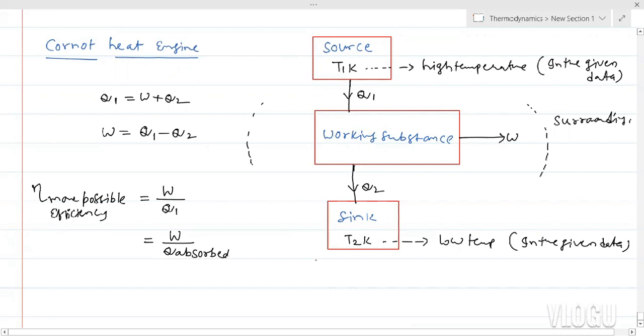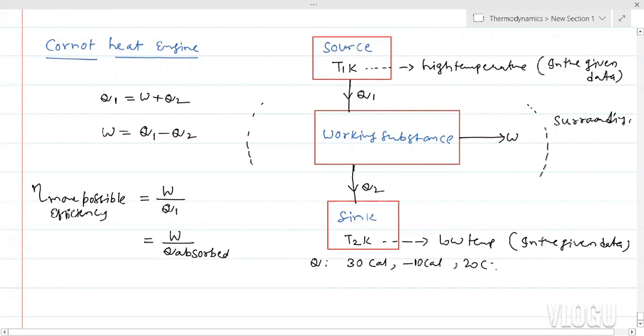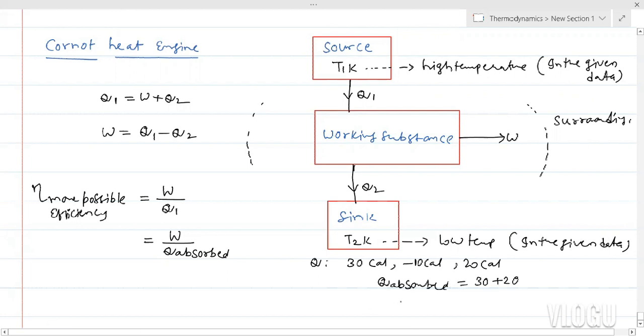For example, in a given process we have 30 calories, minus 10 calories, and 20 calories in the successive processes. So we choose the heat absorbed, which is nothing but only the positive values, 30 plus 20.